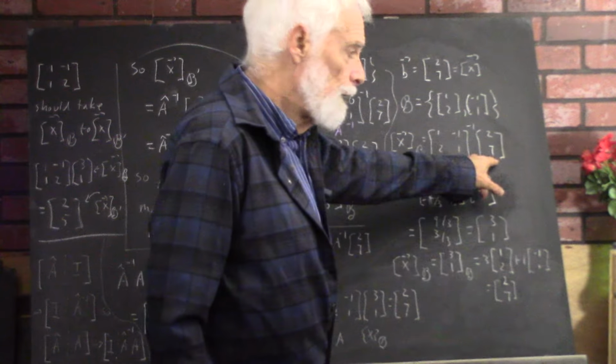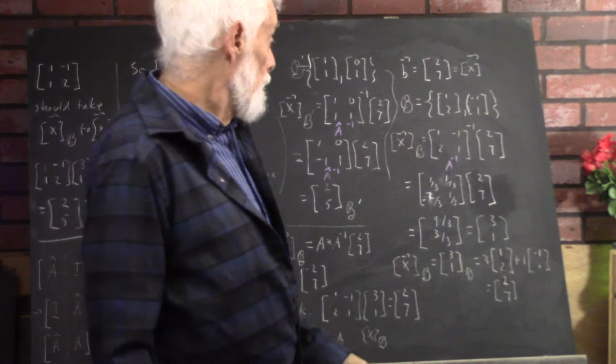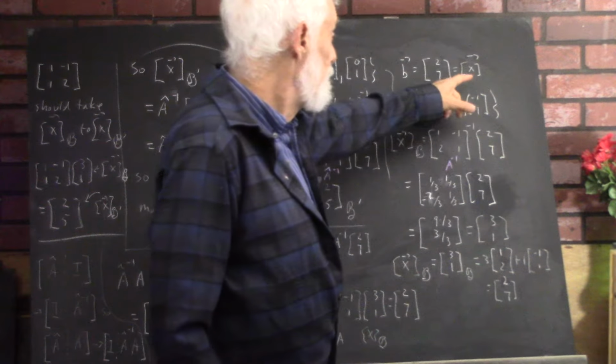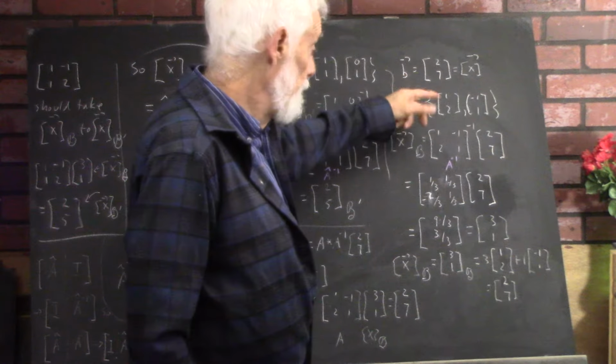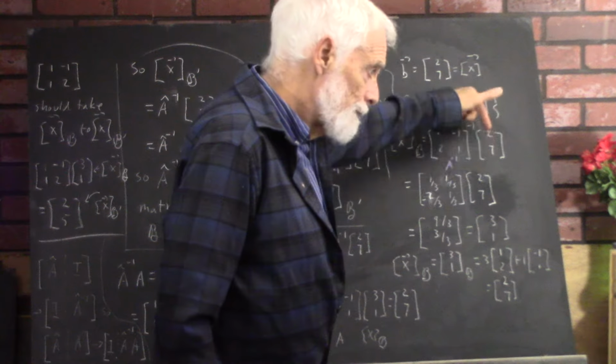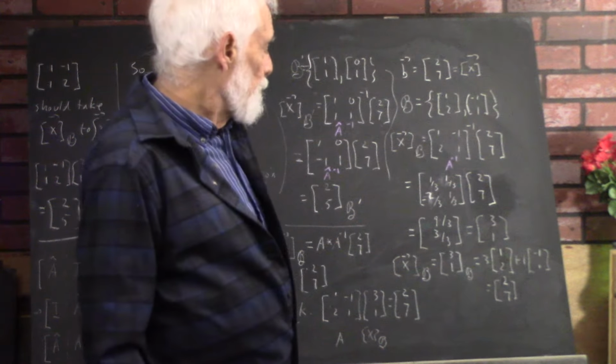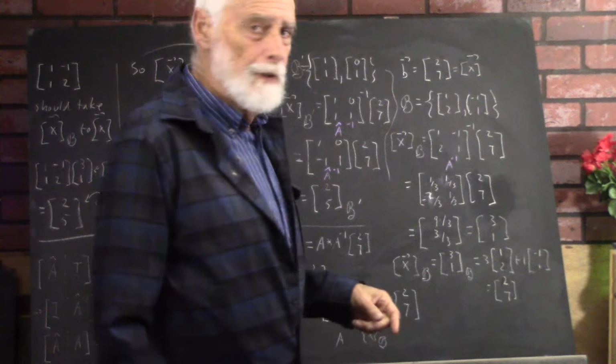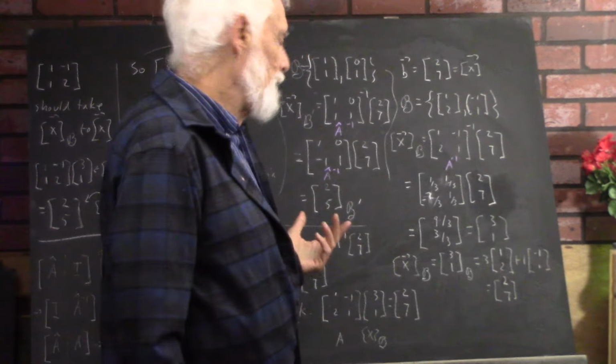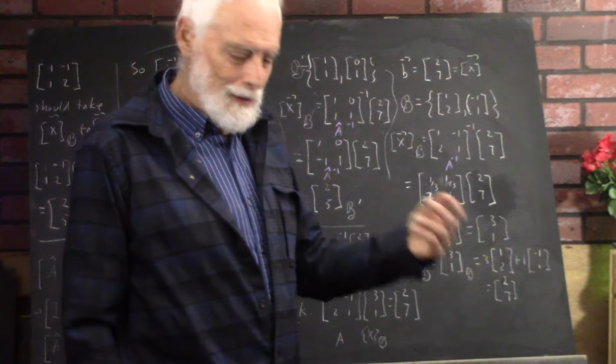That's your A inverse times your column vector. The column vector could be called bracket X, could be called B, a column of numbers. Okay, well, we invert this matrix, and I won't say it's embarrassing.